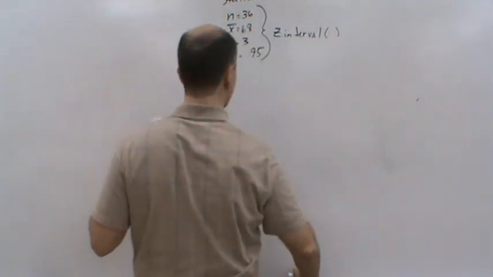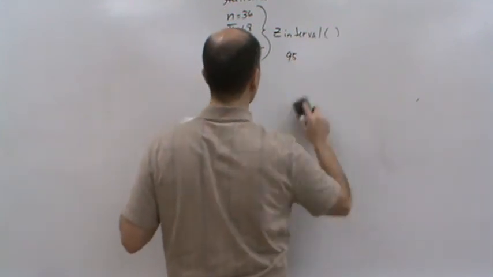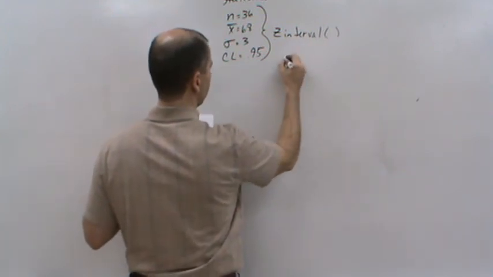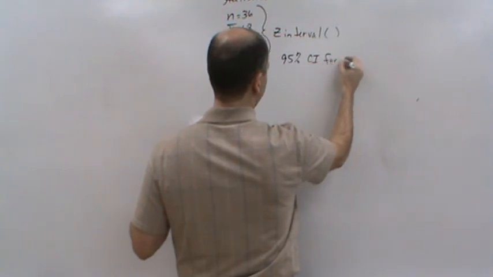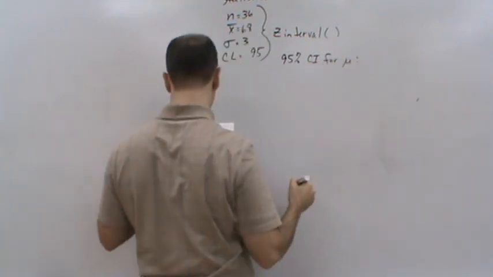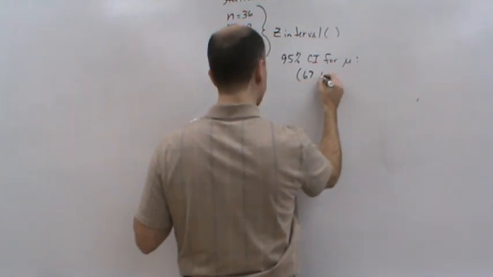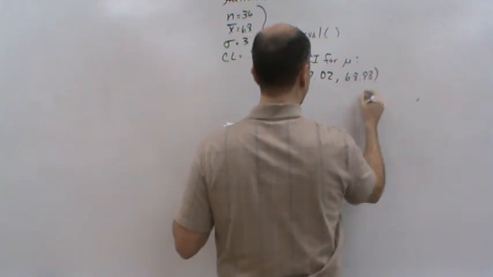Let's do this. So 95, yeah, let's do this one. So the 95% confidence interval for mu, we found was 67.02 and 68.98.